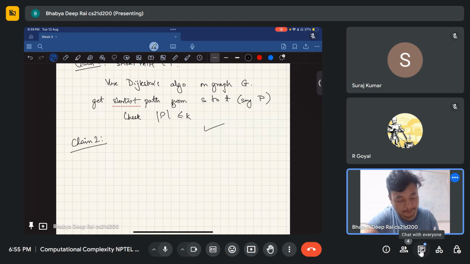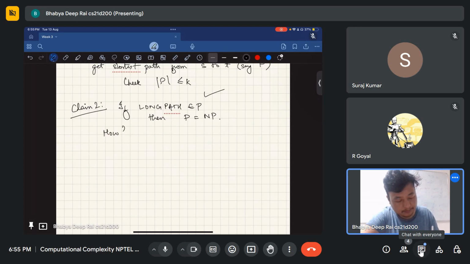Claim 2 is that if long path is in P, then P is equal to NP. How?